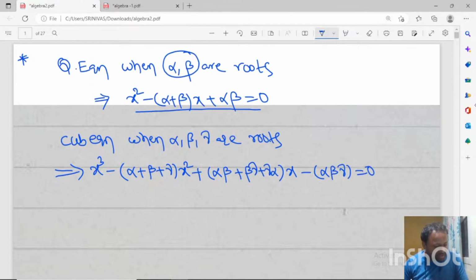Okay, right. So this is the equation whenever roots are given.